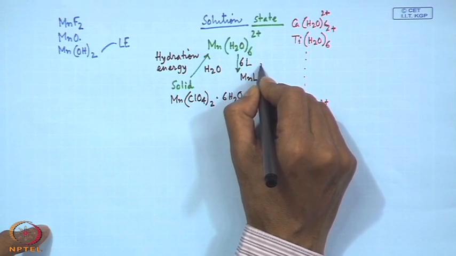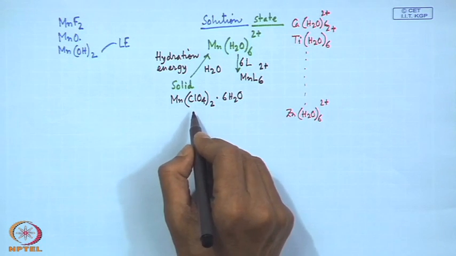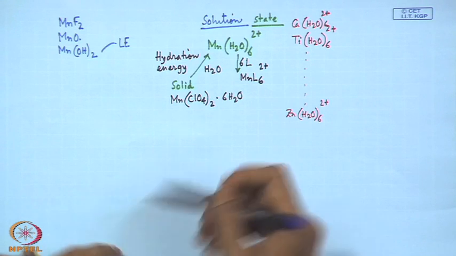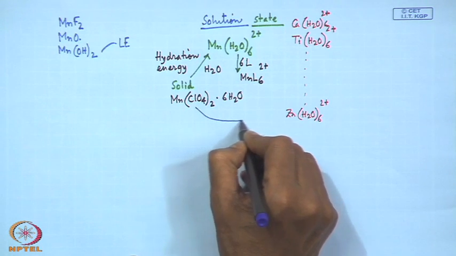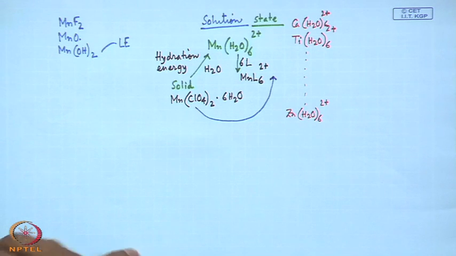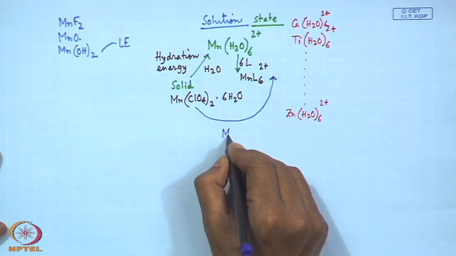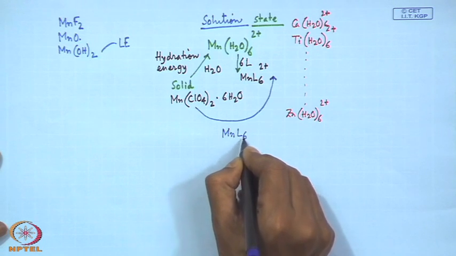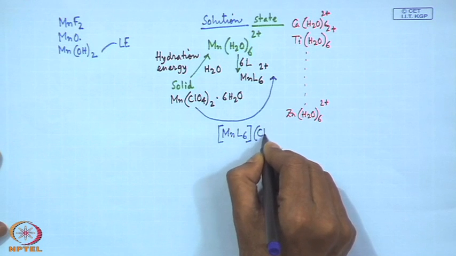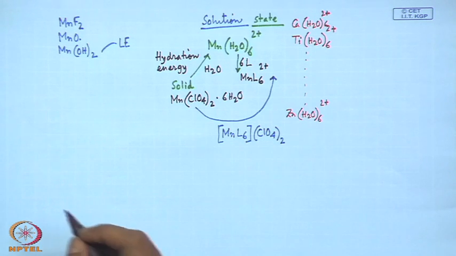If the ligands are neutral, it will have 2 positive charge, and whatever number of perchlorate anions are liberated will now come for the corresponding charge neutralization, ending up with the corresponding MnL6 perchlorate salt.